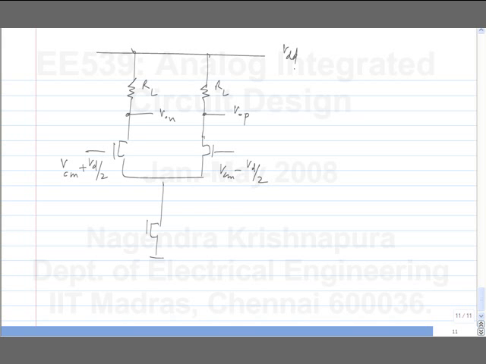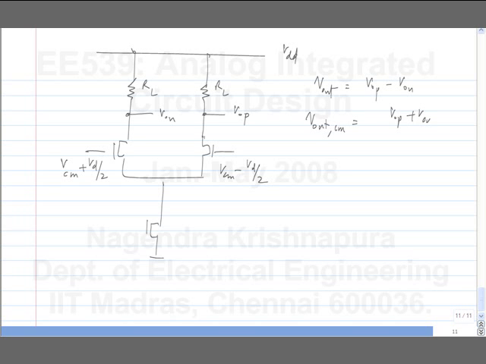So, what is the differential output? I define that to be VOP minus VON. What is the common mode output? I define that to be the average of the two.